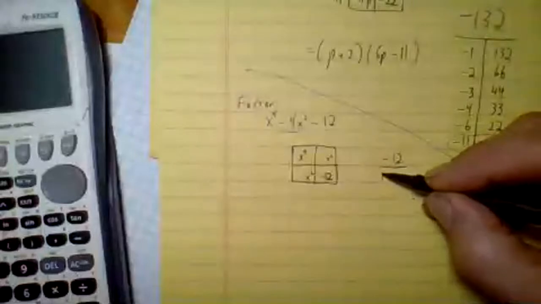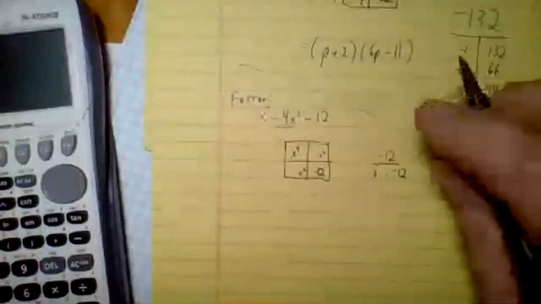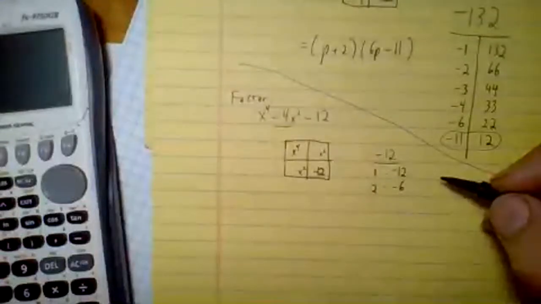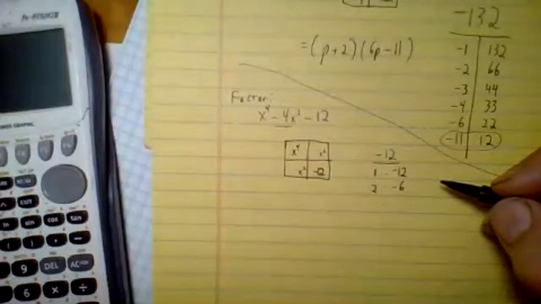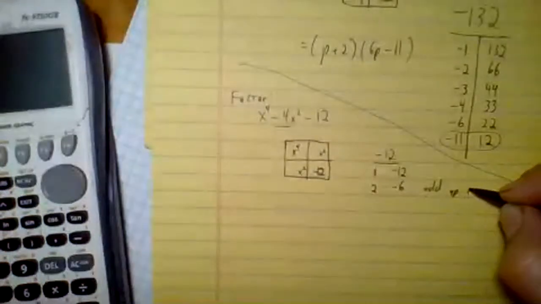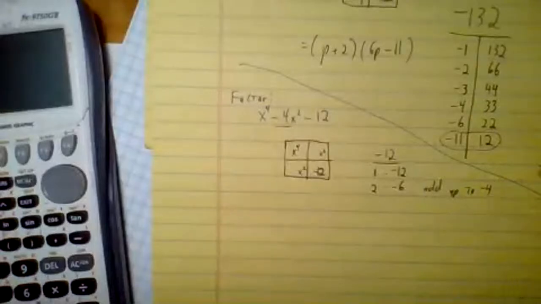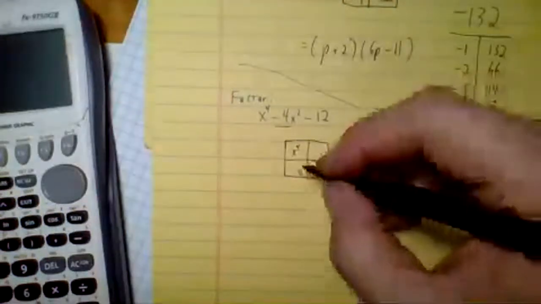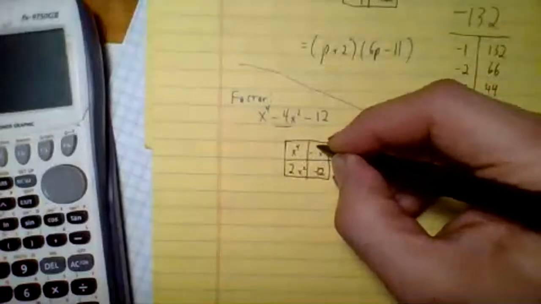Multiplying to a negative, I need a positive and a negative. 2 times negative 6 is negative 12, and they add up to negative 4 like they're supposed to. So my other two terms inside the box are 2x squared and negative 6x squared.